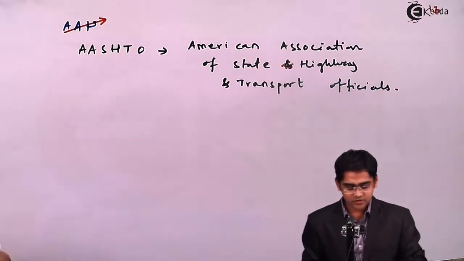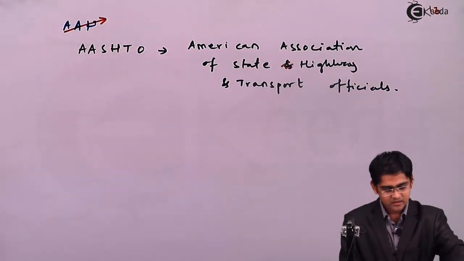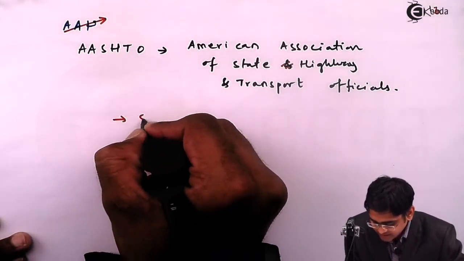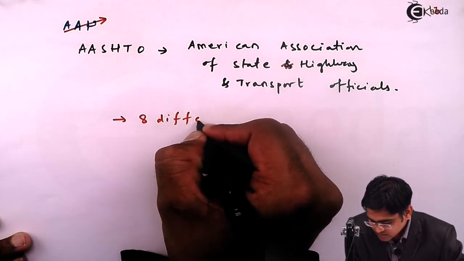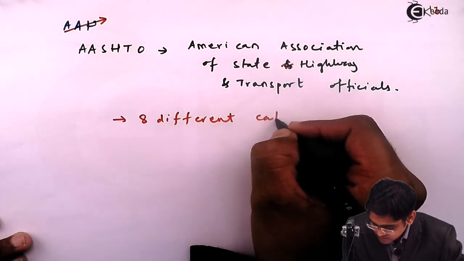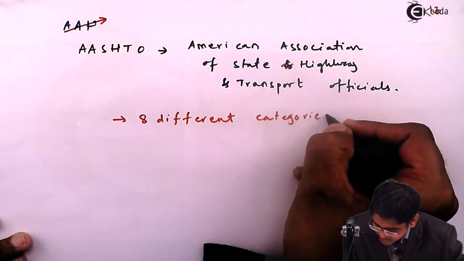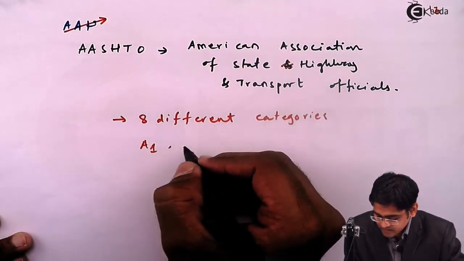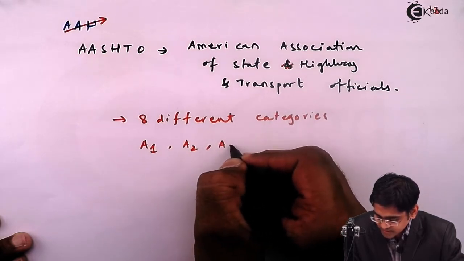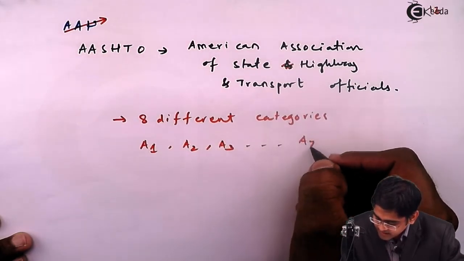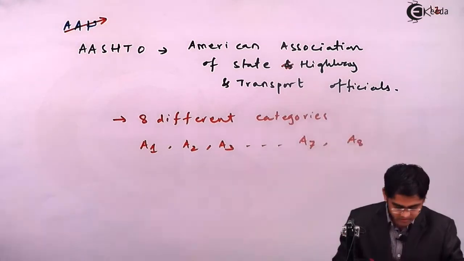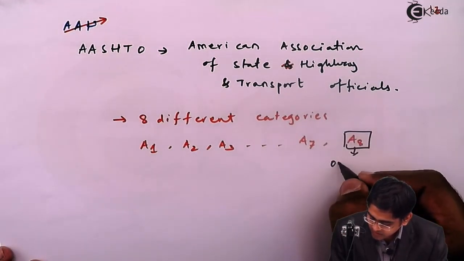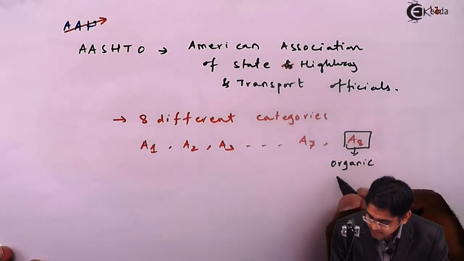Based on this AASHTO classification, they have grouped the soil into 8 different categories. These categories start at A1, A2, A3, and end at A7, and the different group, that is A8, is meant for organic or peat soils.